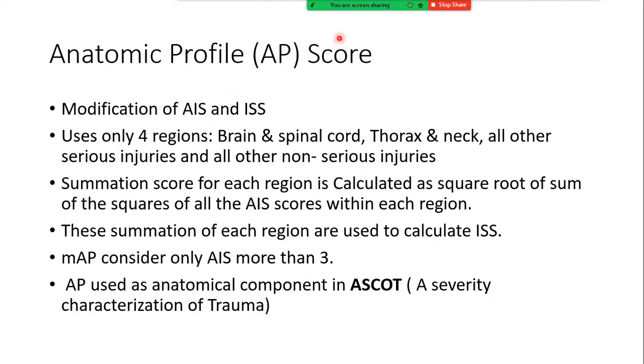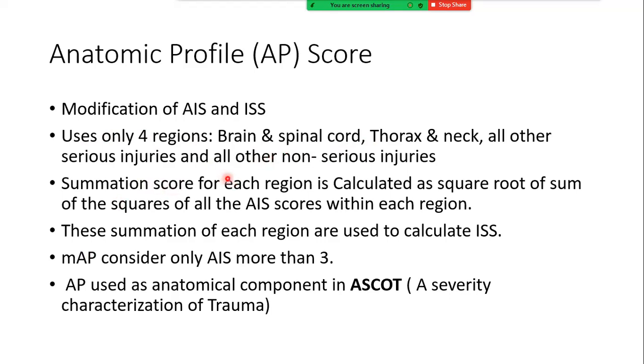Then the anatomical profile score is a modification of AIS and ISS again. In this, instead of 6 regions, the body is divided into 4 different regions, which include brain and spinal cord, thorax and neck, all other serious injury, and all other non-serious injury. So these are the 4 regions into which they have divided the body.